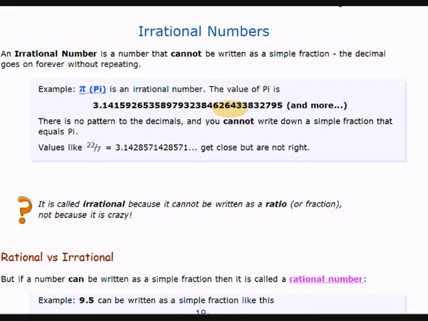So there is no pattern to the decimals, and you cannot write down a simple fraction that equals pi, even though values like 22 by 7 get close but are not exact. Remember, pi is not represented by it. It is only the closest possible representation. So pi is an irrational number. It is called irrational because it cannot be written as a ratio, not because irrational means crazy.